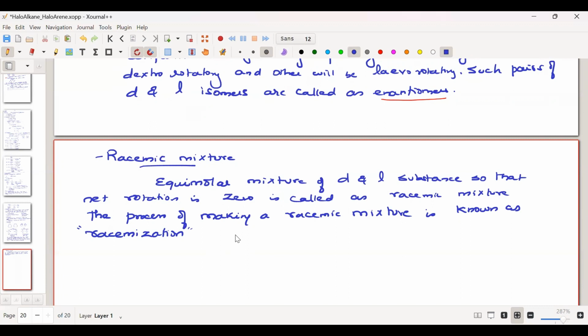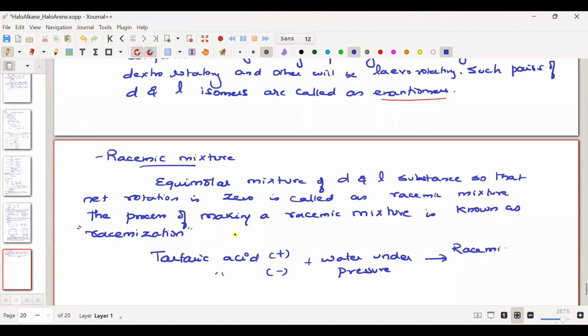Okay, for example, tartaric acid. It has both plus and minus forms. Plus tartaric acid and minus tartaric acid, an enantiomer, this one is dextrorotatory. You heat this with water under pressure, and you can create a racemic mixture of tartaric acid.